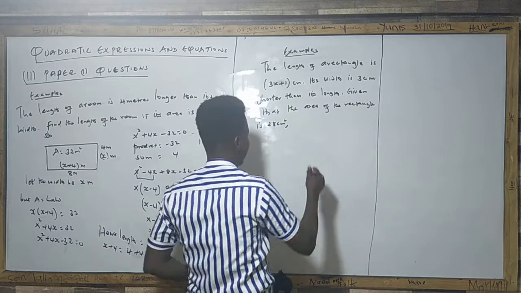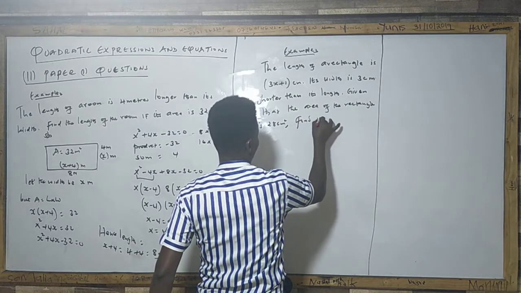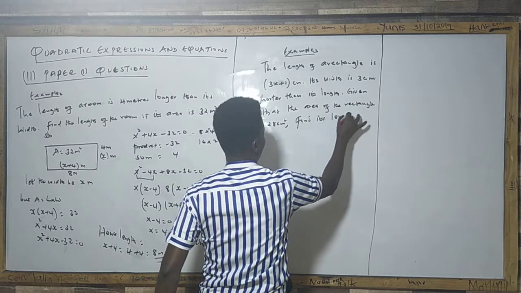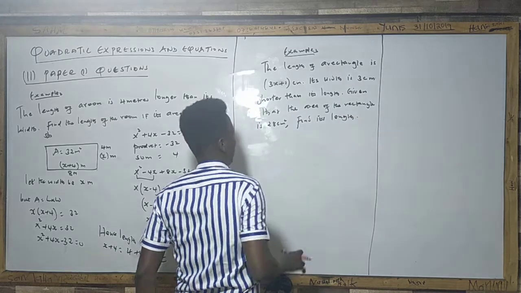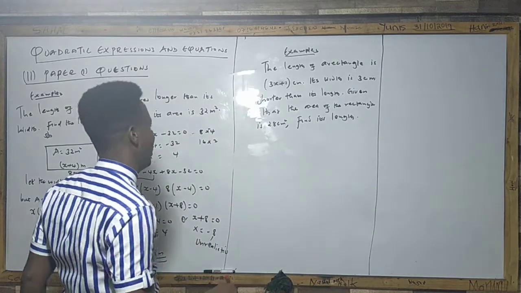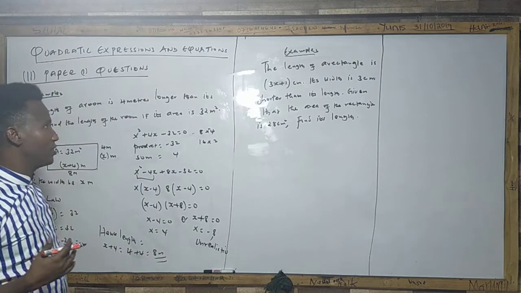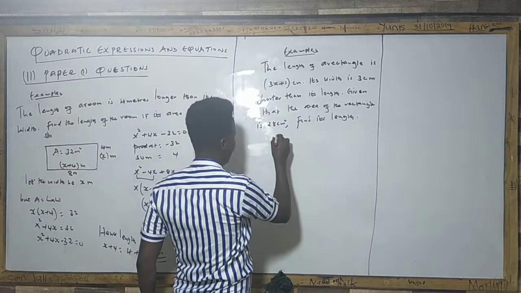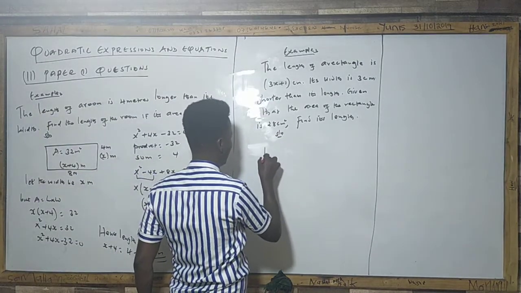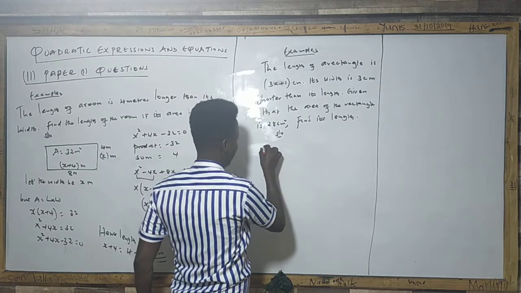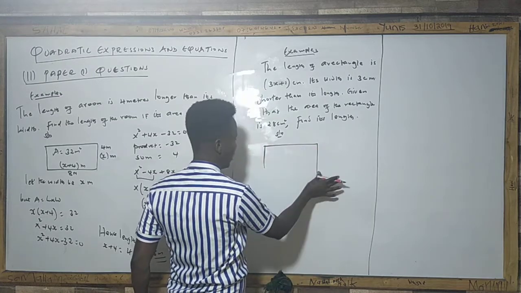You are told find its length. Find its length, full stop. So what are we going to say? The length of a rectangle is 3x plus 1. So we'll also sketch the rectangle they are talking about. Let's say this is the rectangle.